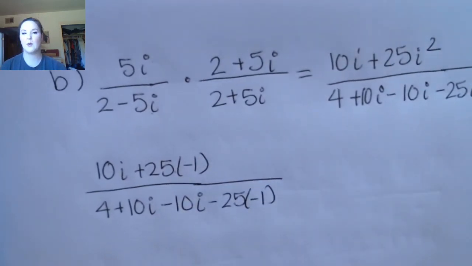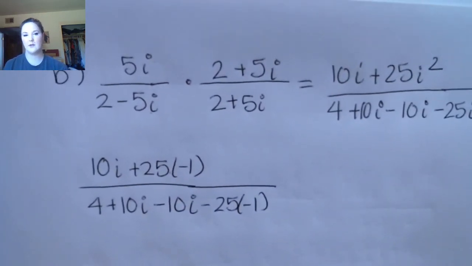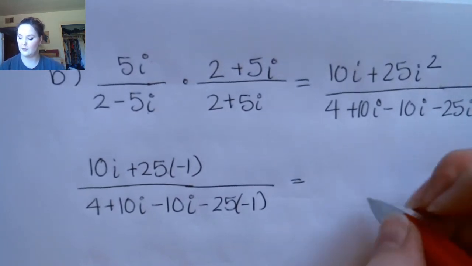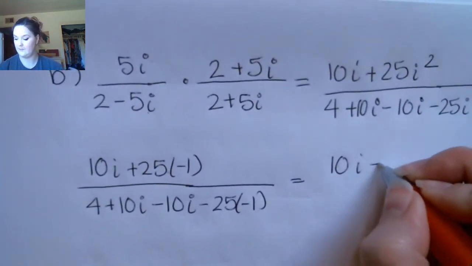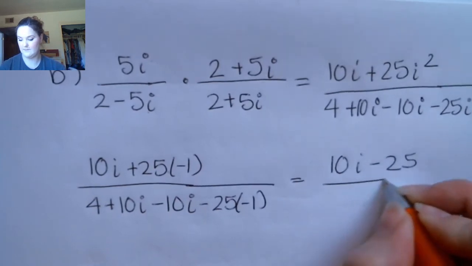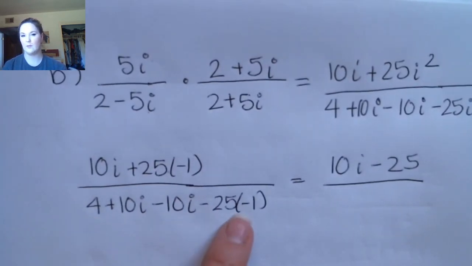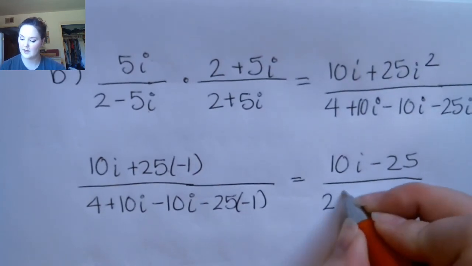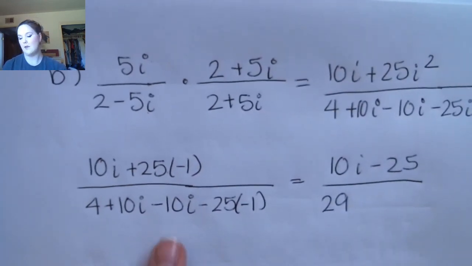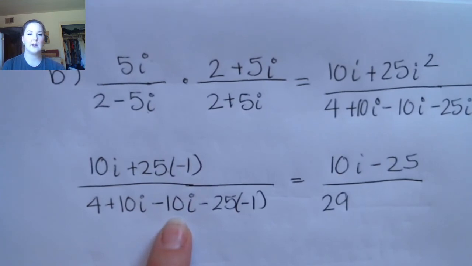So I've replaced both of my i squareds with negative ones. And now I'm going to simplify even more. So I have 24 plus 25, which is 29. And then here I have plus 10i and minus 10i.